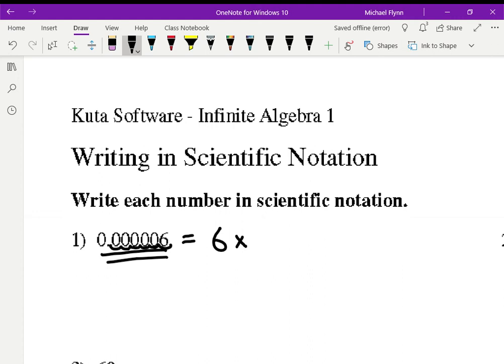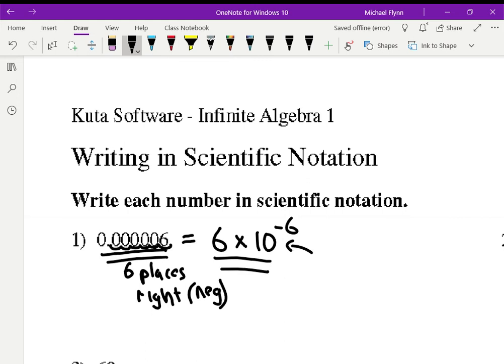Well, I moved the decimal 6 places, and therefore I have to write 10 to the negative 6, because it was 6 places to the right that I moved it. Right means it's negative, okay? And that's how you take a number in standard notation and you write it in scientific notation. So that one is the scientific notation, okay? Let's do another one.